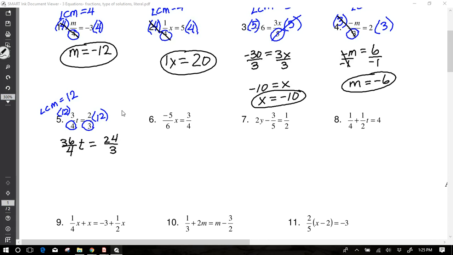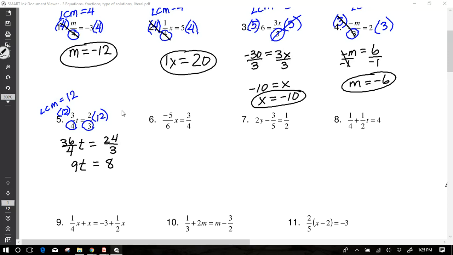Once I've done that, now I can simplify these fractions, okay? What I will get here, 36 divided by 4 is 9t, and 24 divided by 3 is 8.